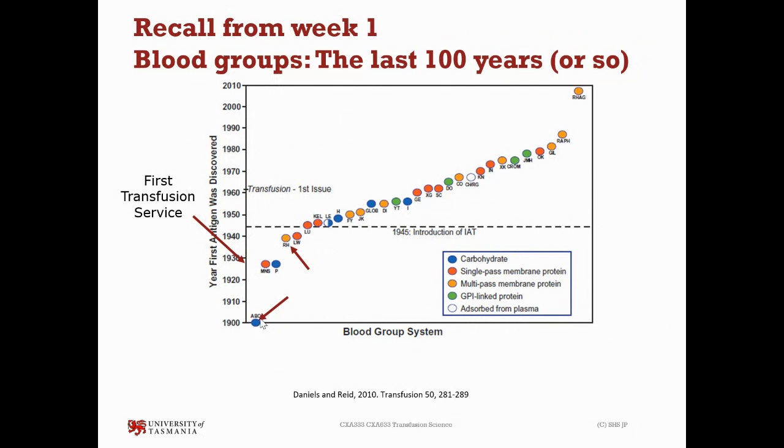After 1945, once we had found an application for the antiglobulin test, there was this explosion of blood groups that were discovered because the majority of these blood group antibodies are IgG. And so we hadn't had the tools to be able to detect these antibodies before. We knew the antigens were there, but we couldn't detect the antibodies because we didn't have the method of doing so.